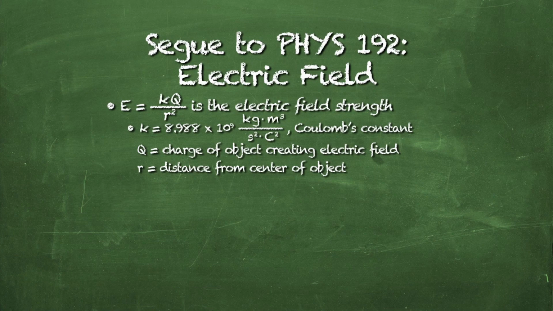So you can see that this is very similar to little g is equal to big G times big M over r squared. Both electricity and gravity are field forces, and they obey the same equations where you change the constant. There's a different constant for electricity and a different constant for gravity. And you change the property of the object that is creating the field.